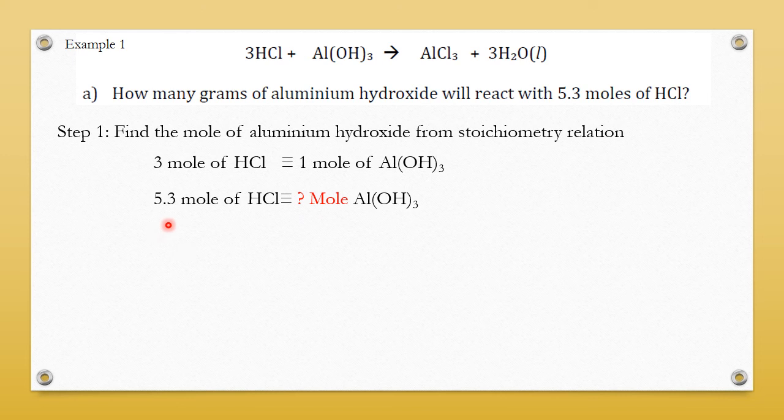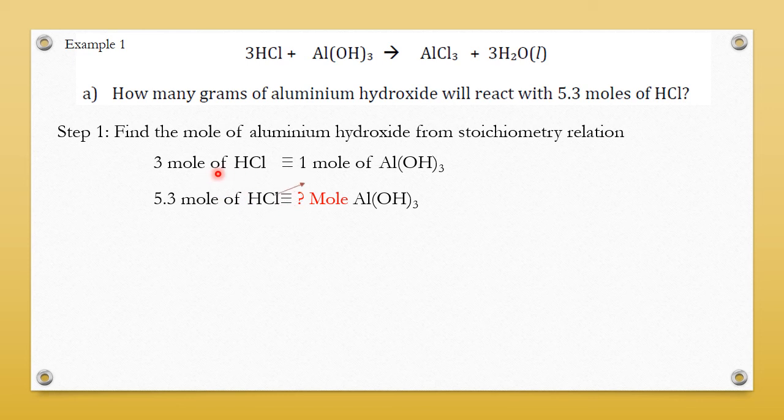So when we use 5.3 mole of HCl, what is the number of mole of aluminum hydroxide needed? After you write the stoichiometry relation, we can do the cross multiply, which is 5.3 multiplied by 1 divided by 3.